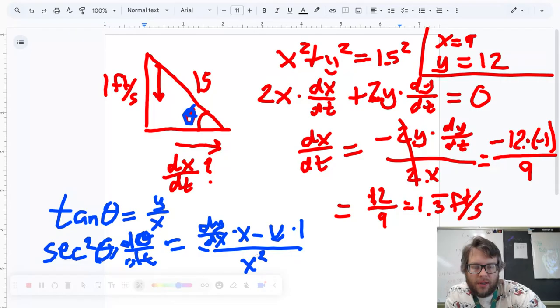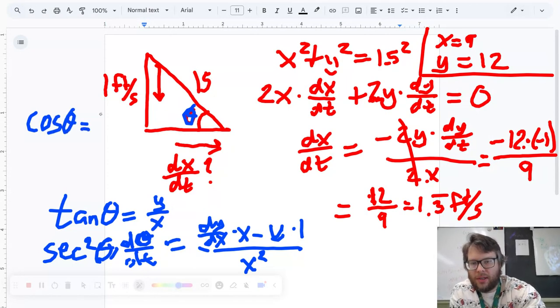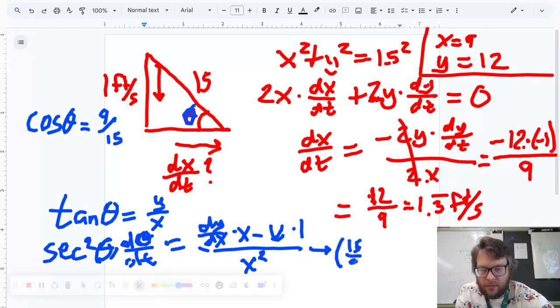At the given moment, where x is 9 and y is 12, I can calculate secant because secant is 1 over cosine. So cosine of theta is adjacent over hypotenuse, 9 over 15. So my secant squared is 15 over 9 squared d theta/dt.